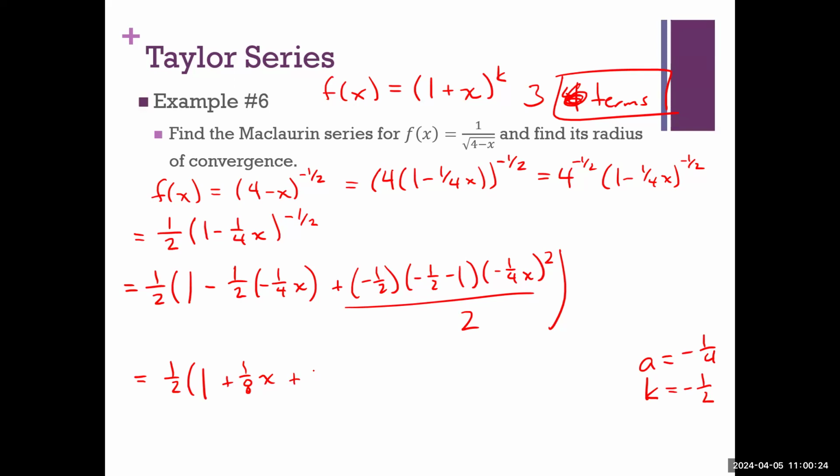So 1/2 times 3/2 is 3/4, times 1/16, which is positive, because the 1/4 squared becomes positive. So 3/4 times 1/16 is 3/64, divided by 2 is 128. Someone double check me, I feel like I took a lot of those factors fast. So all told, 1/2 plus 1/16 x plus 3/256 x squared.